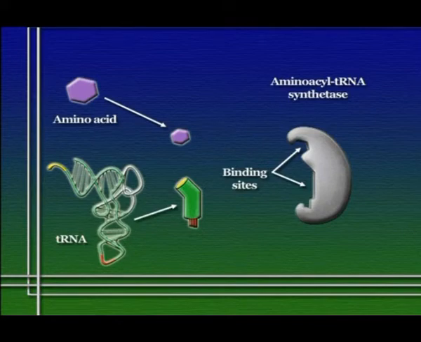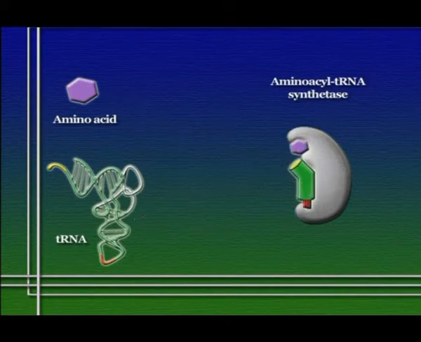These binding sites are actually in close proximity on the enzyme, and what they're doing is bringing the amino acid and the tRNA close to each other, bringing them together in the right orientation to facilitate the building of a bond between them. That's why we referred to this molecule as a sort of molecular matchmaker.